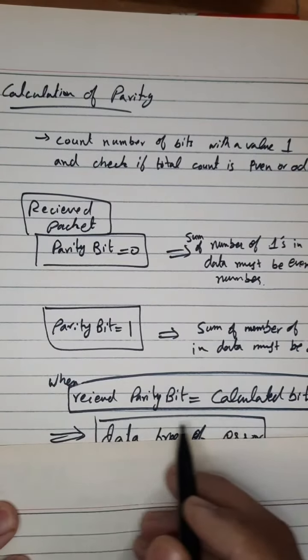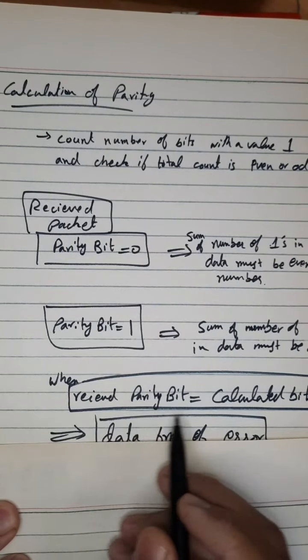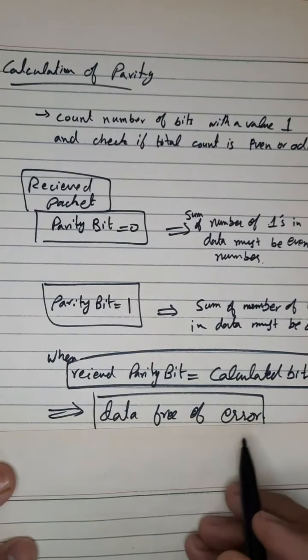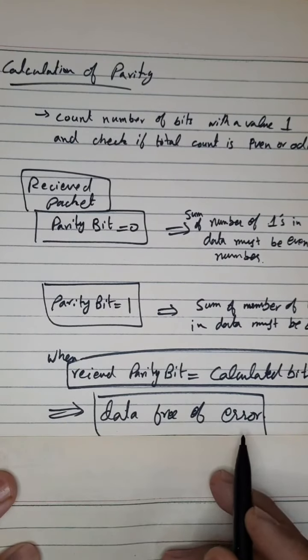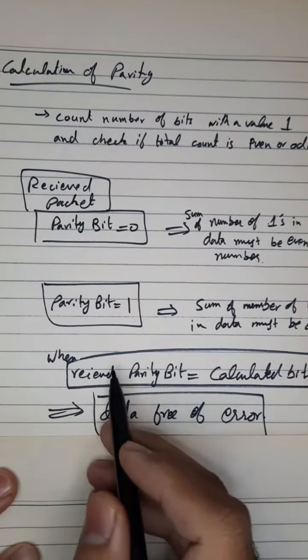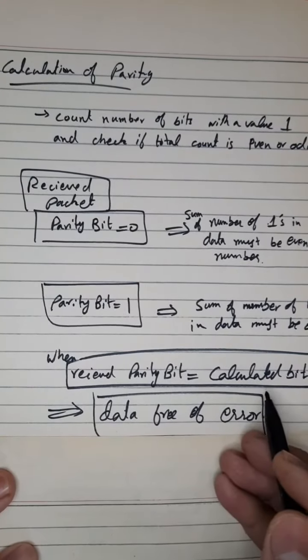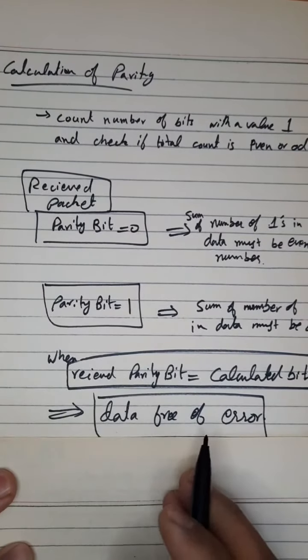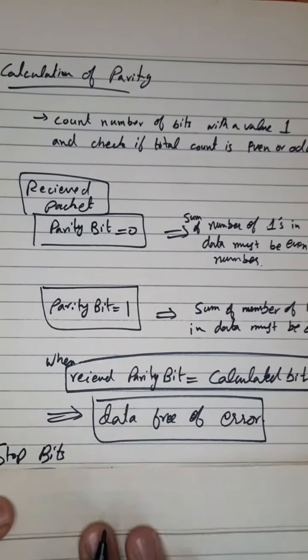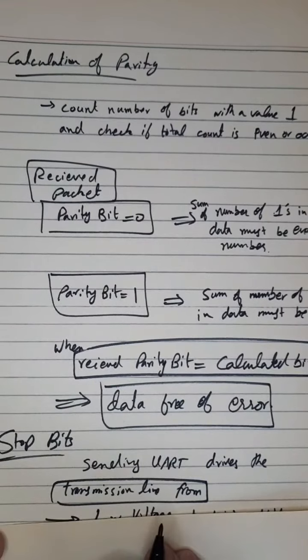When the received parity bit is equal to the calculated parity bit, it means that the data received is error free. If there is some difference, for example the received parity bit is 0 and the calculated parity bit comes out equal to 1, then it means there is some error. Both must be the same.